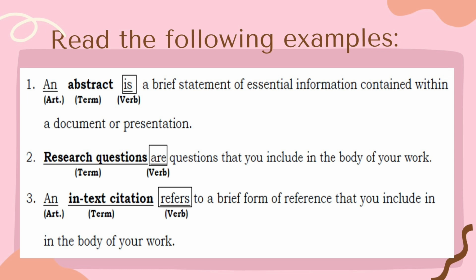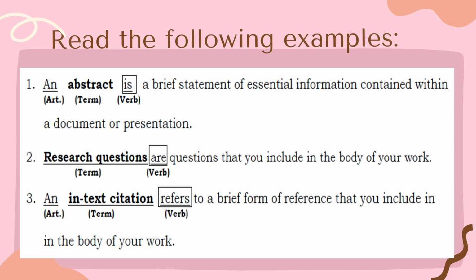An abstract is a brief statement of essential information contained within a document or presentation. Same goes with number 2, research questions. This is a plural term. Then it is followed by a plural verb, which is are: questions that you include in the body of your work.